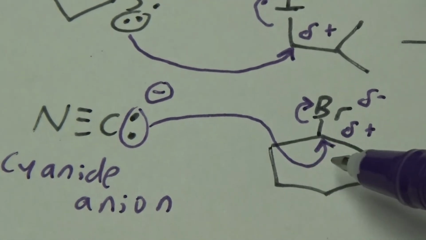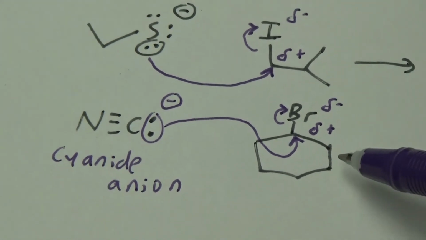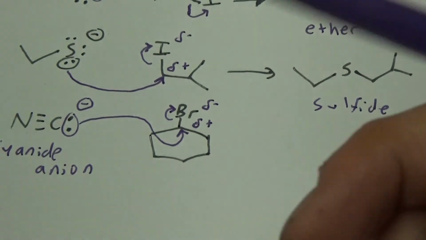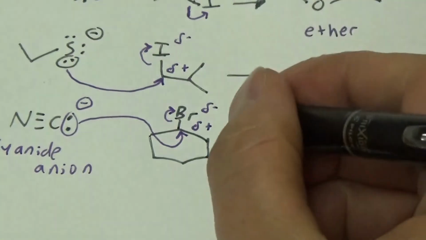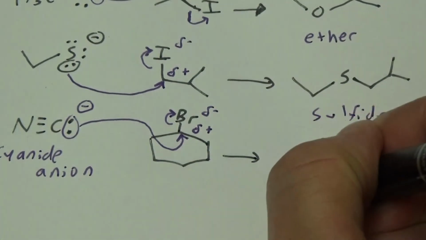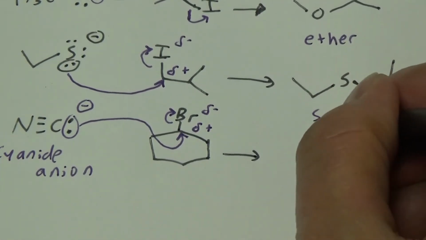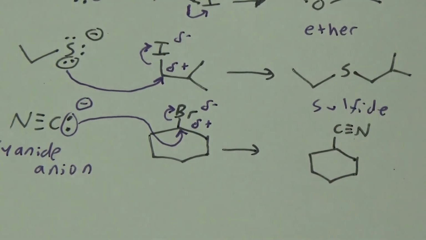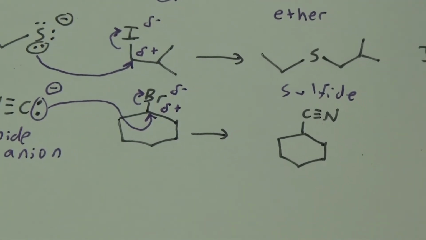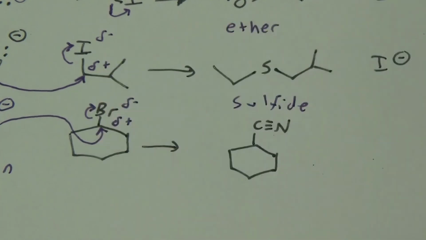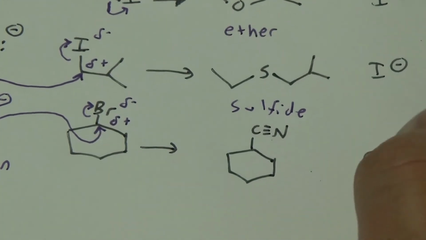Of course, it's not actually going through a bond. But what's the product? And what's the leaving group? In this case we used bromide, so the leaving group is bromide, Br minus.